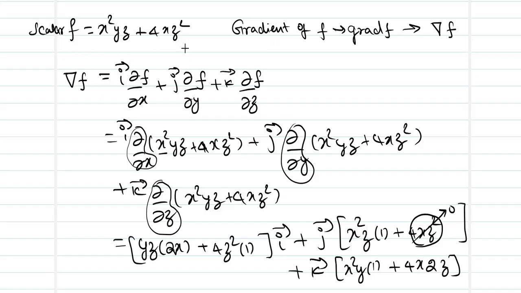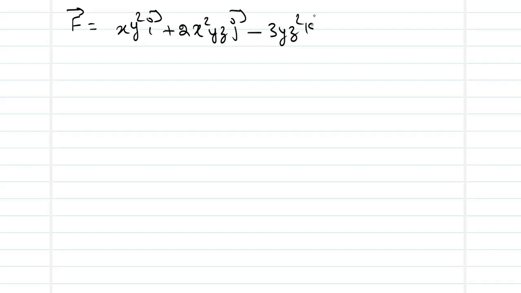Now let us try to apply the same on a vector. So let me take a vector. F vector is equal to xy square i plus 2x square yz j minus 3yz square k.